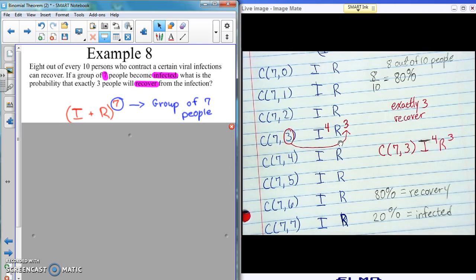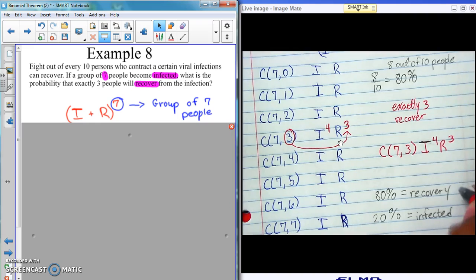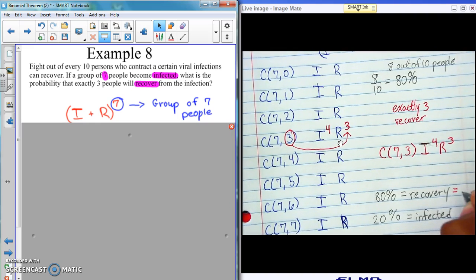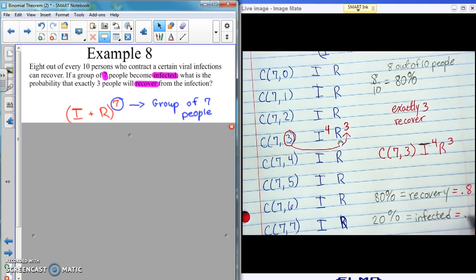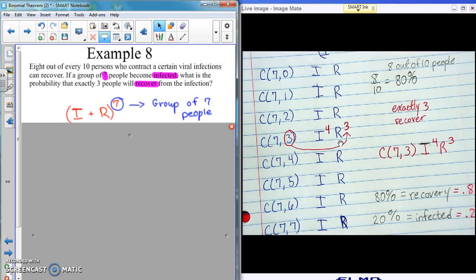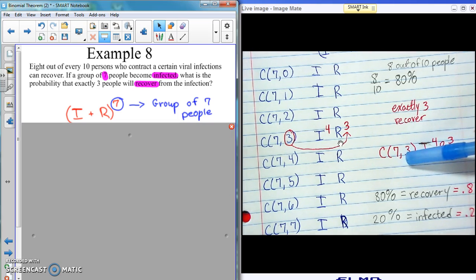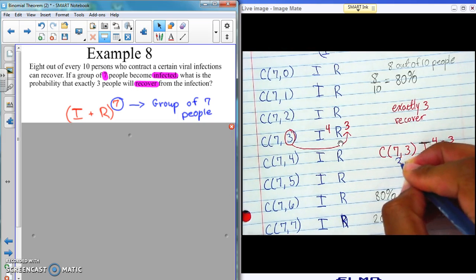And hopefully you can also see this is 0.8 for recovery and 0.2 for infected. And here again, we're going to substitute these into the problem and then get an answer. So first off, the combination of 7 and 3 is what? That's 35.